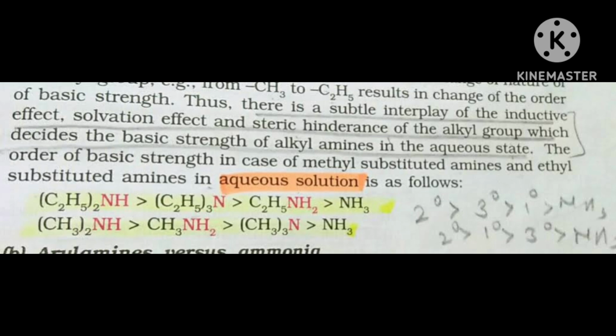When 2 CH3 are attached with NH, this is stronger than when only 1 CH3 is attached to NH2, and this is stronger than when 3 CH3 are attached with N. Remember, because 2 methyl groups are there, and methyl is a small group, it will be more basic in comparison to when one methyl group is attached to NH2, and this is greater than when 3 methyl groups are attached with N. Again the number increased, then the steric effect increased a little, that's why it became less.